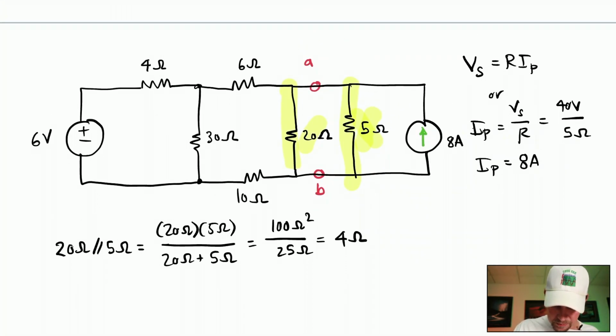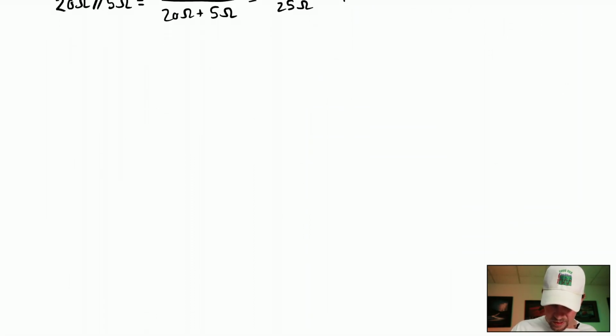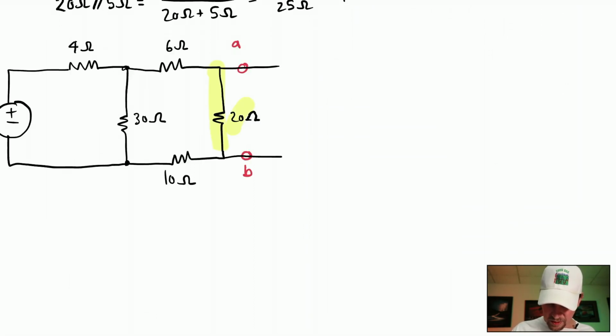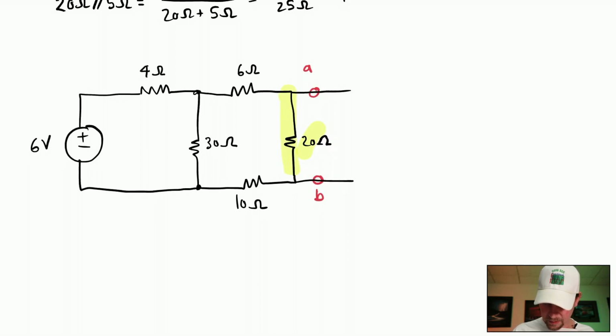So let's actually do that. Just like before, I'm going to take this right here, copy it, and paste it down here. Let's move it into place like this.